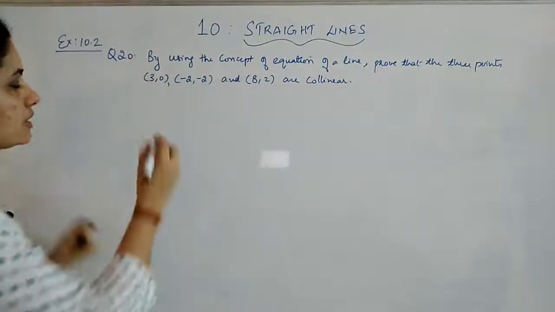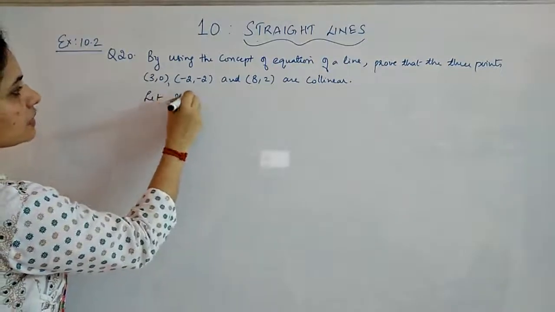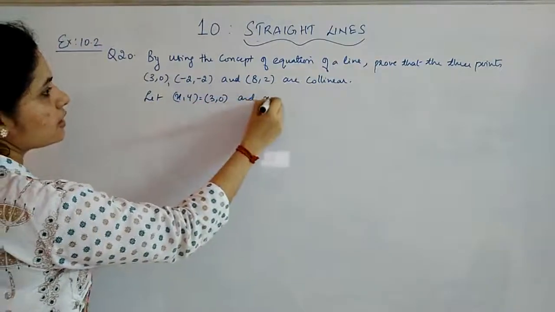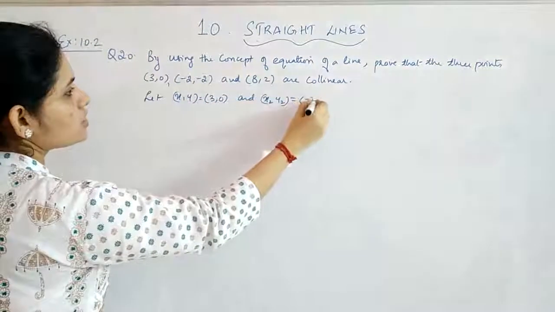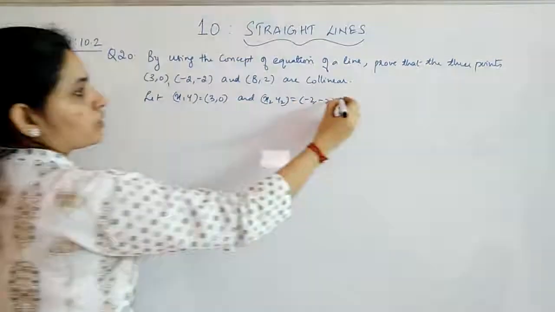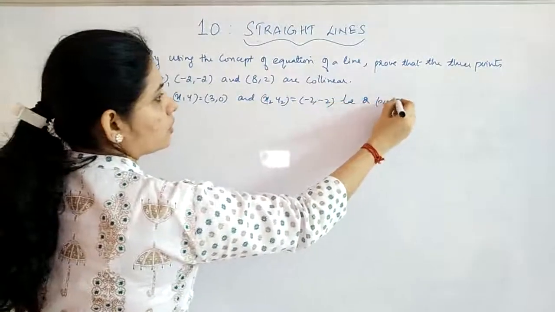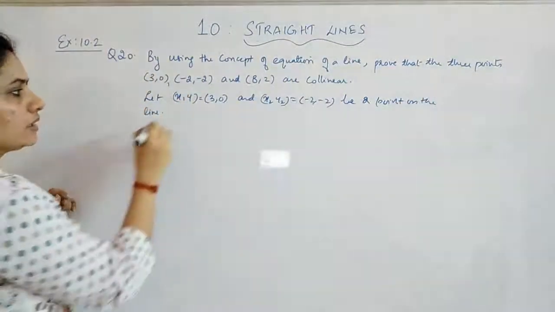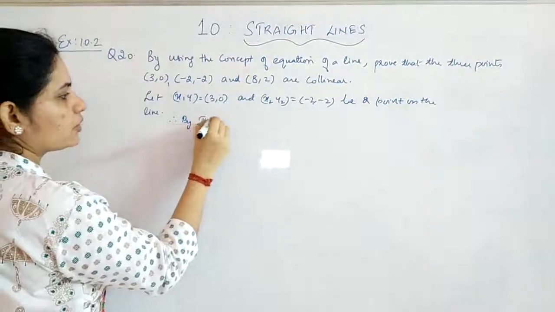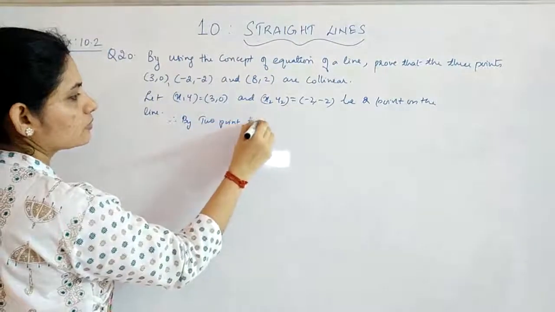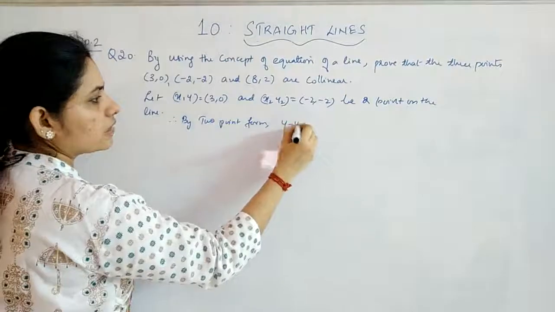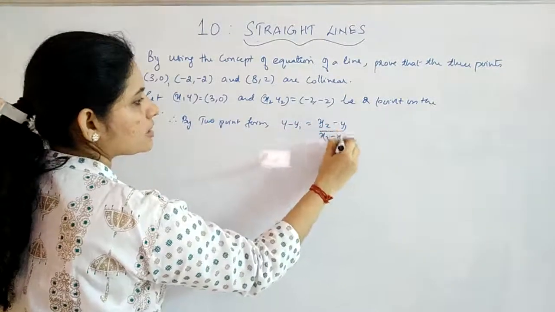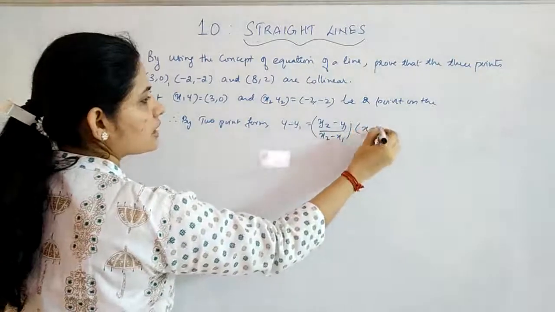Okay, so first let (x1, y1) be (3, 0) and (x2, y2) be (-2, -2) be 2 points on the line. Therefore, by the 2-point form, we get y minus y1 is equal to (y2 minus y1) by (x2 minus x1) into (x minus x1).